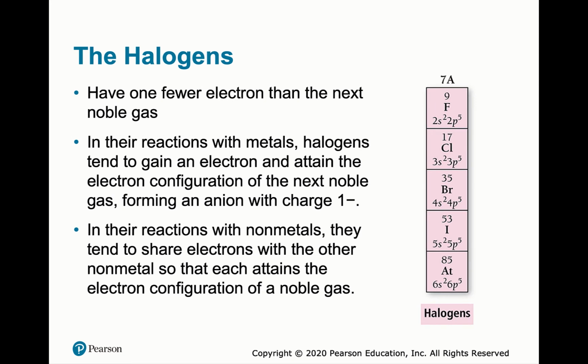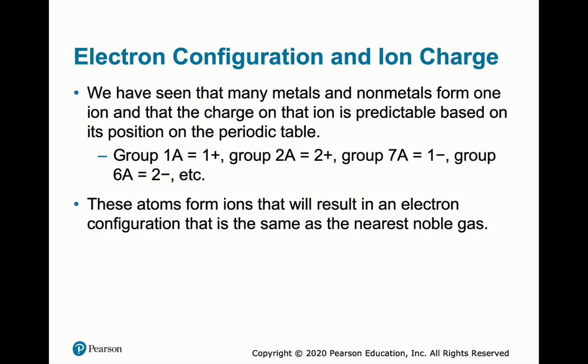Halogens need one more electron, and since they're so close to it, they tend to be very reactive and take that electron from other things. They can share with other nonmetals, but we'll learn later about something called electronegativity. The halogens tend to steal more electron density than whatever they bond with, so it's not a very good partnership with a halogen.